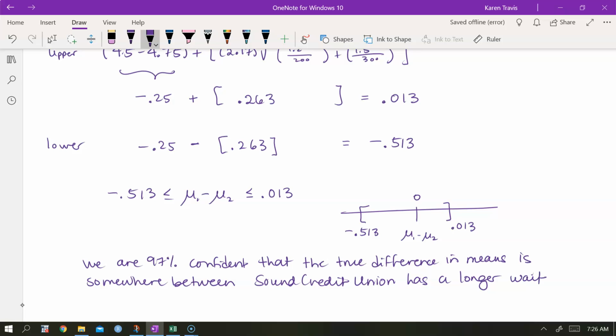It's longer if this is positive. A longer wait time than Chase by 0.013 minutes.